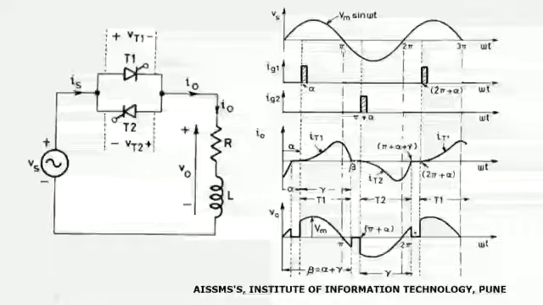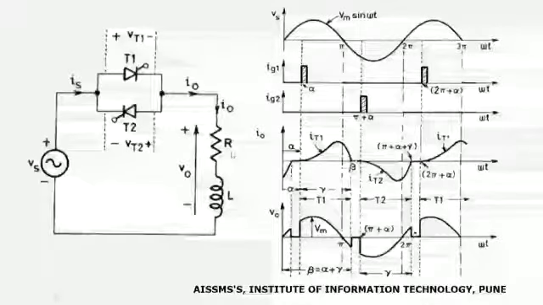And in this particular operation, the inductor starts operating as a source, and it will maintain thyristor T1 in on condition, and whatever energy is stored in the inductor will be supplied back to the source, such that the current starts flowing from inductor through source through T1 back towards the inductor.